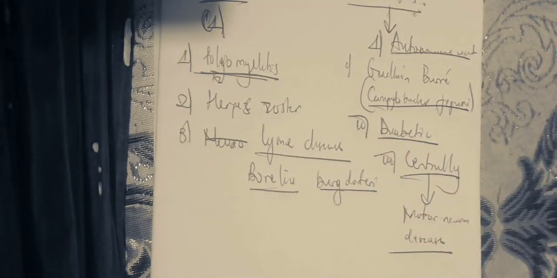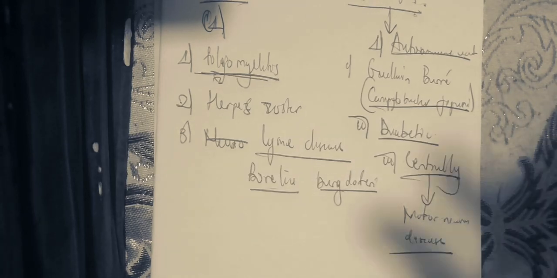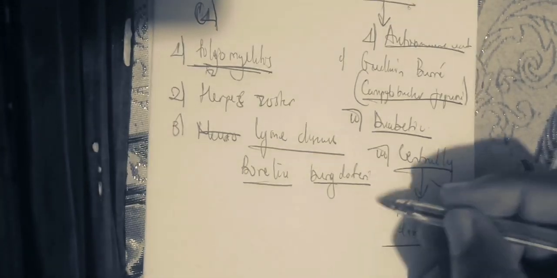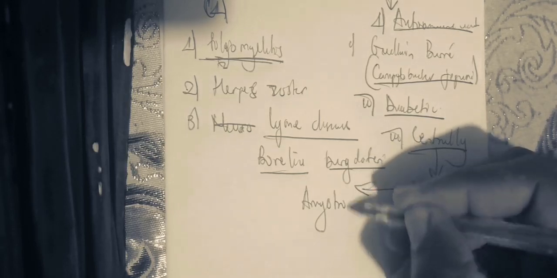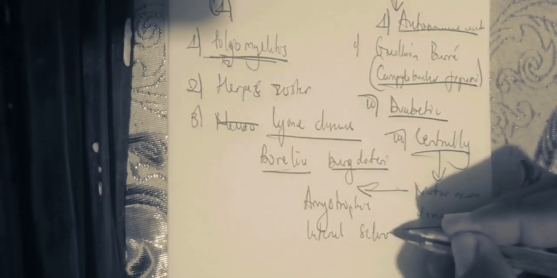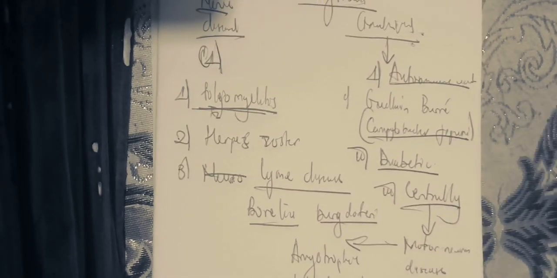So it's affecting those nerves, but not directly the spinal cord, only the motor neurons at the level of the spinal cord. An example of this motor neuron disease is amyotrophic lateral sclerosis. So those are the different etiologies that you can have in neuropathies.